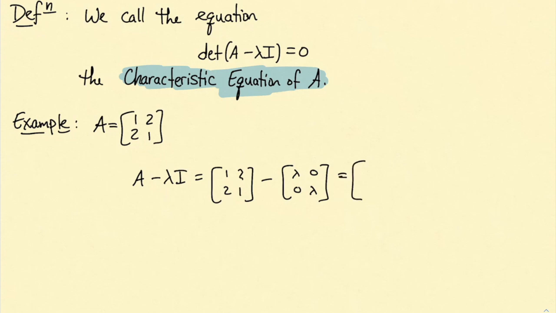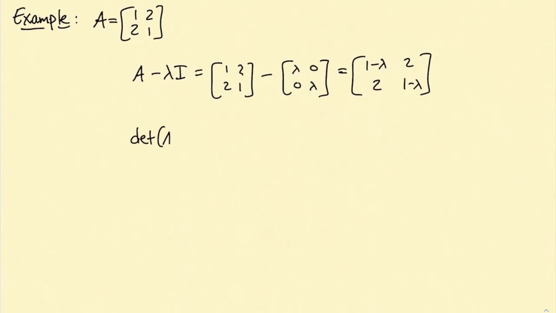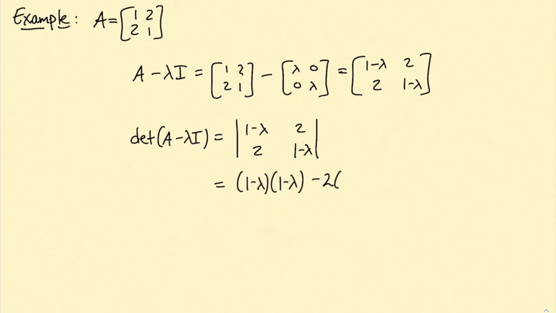So we're left with 1 minus lambda, 2, 2, and 1 minus lambda. Next, if we want to find the characteristic equation, we simply take the determinant of this matrix. And so we see here that the determinant of A minus lambda I is the degree 2 polynomial lambda squared minus 2 lambda minus 3.